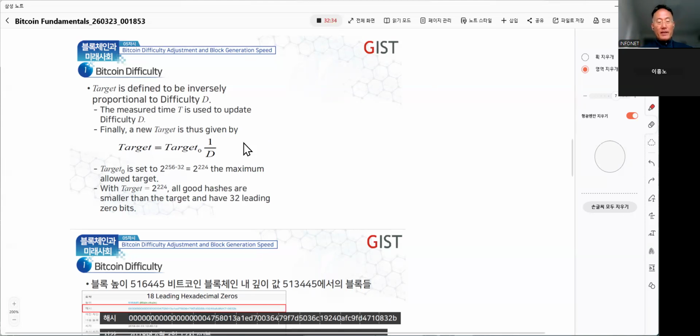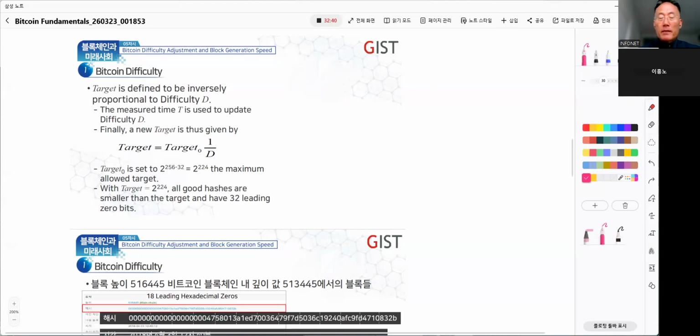That is the finest difficulty level, but you don't want that. You want a finer scale. So we want to do a finer scale adjustment of Bitcoin difficulty, and then we follow this.